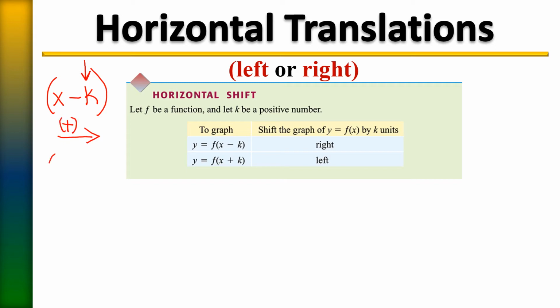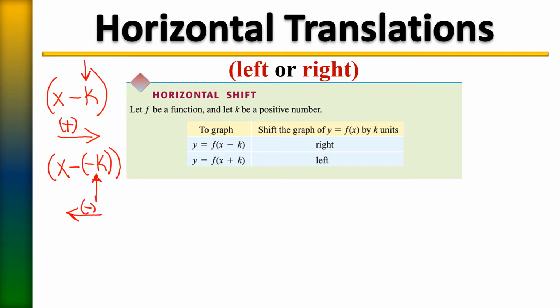However, if you have x minus negative k, now your number is understood to be a negative, and because it is a negative, you will move to the left.